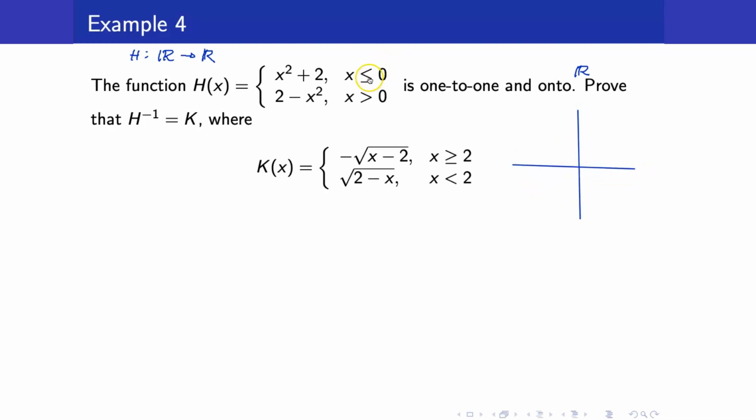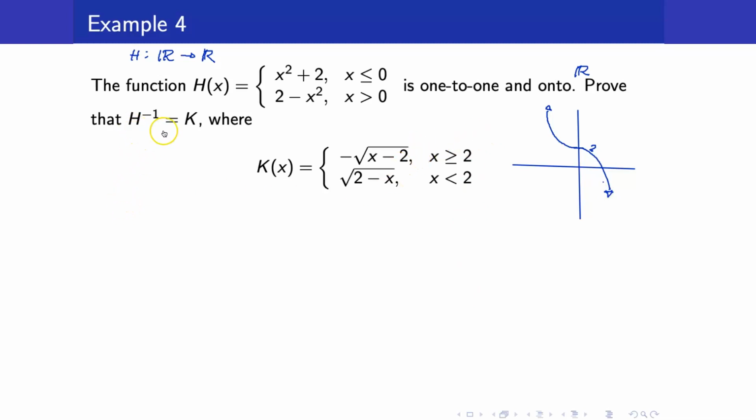When x is less than or equal to 0, it's x squared plus 2, so this part, and when x is positive, it is 2 minus x squared. So it's this half of the parabola. Okay, so it's really 1-to-1 and onto.